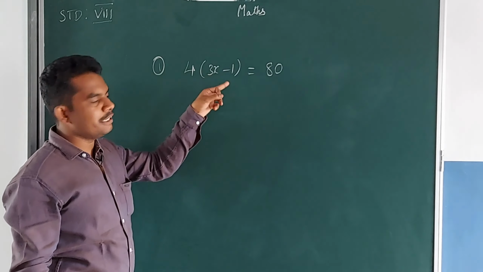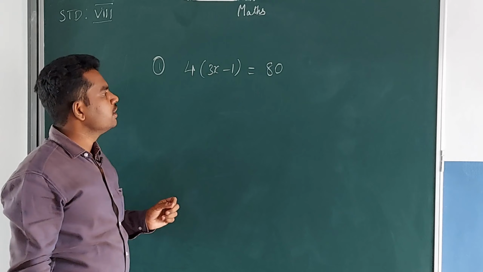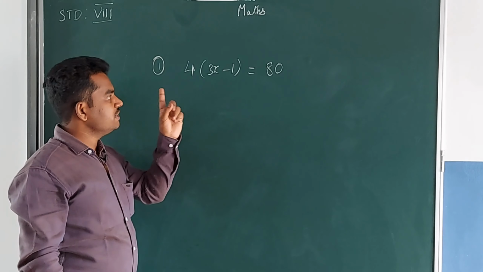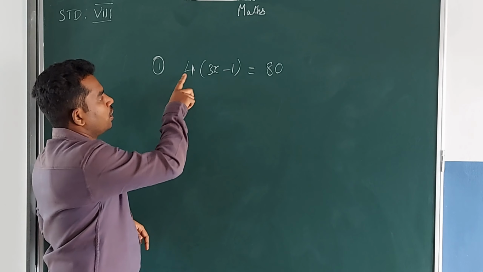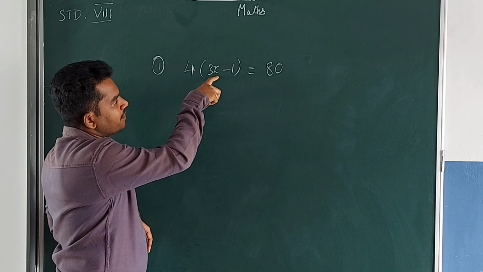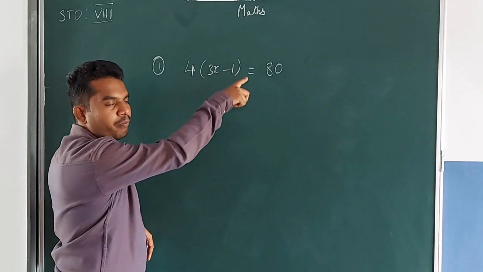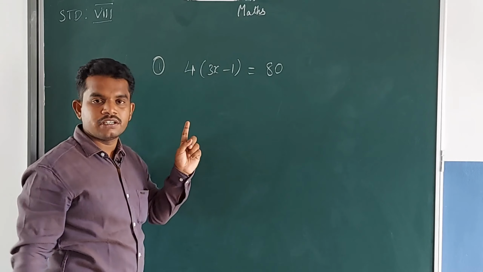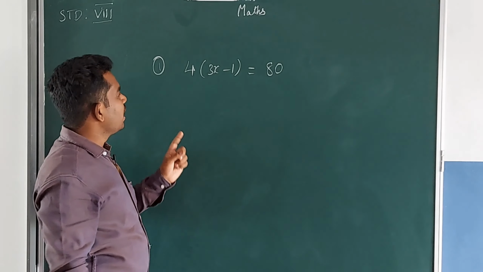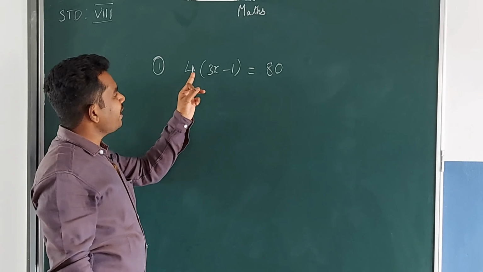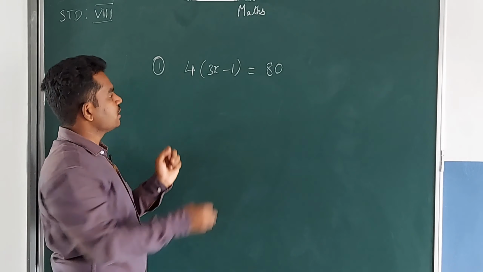Common means 4 is the multiple of this product. Okay. The first step is 4 into 3x, next 4 into minus 1. That is one method. Another method is 4 is in the multiplication.